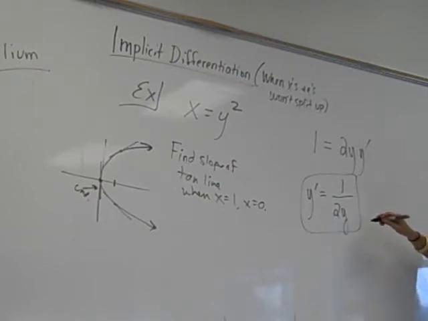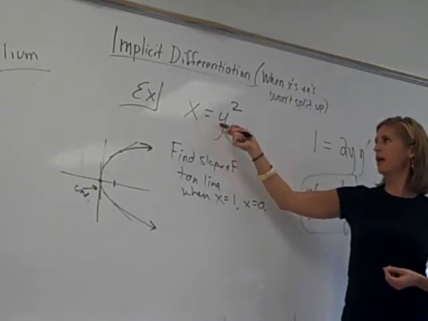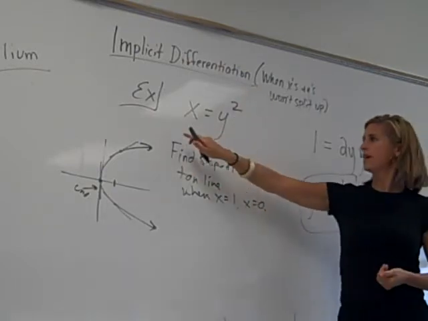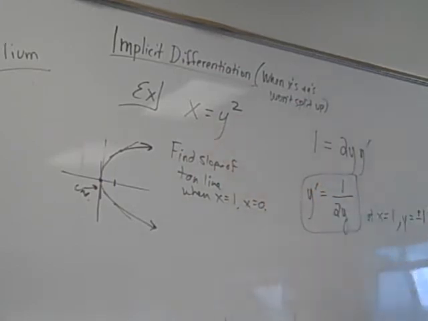So let's think about this. At x equals 1, what does y equal? 1 or negative 1. When x equals 1, y equals positive or negative 1. Because if I think about plugging in 1 for x and solving for y, I'm going to square root both sides and get a plus or a minus. When x equals 1, I could plug in 1 for y or negative 1 for y, and it would work.